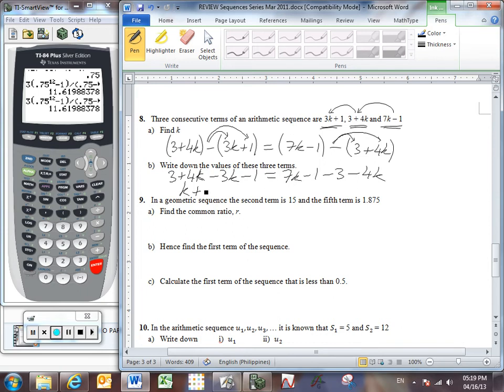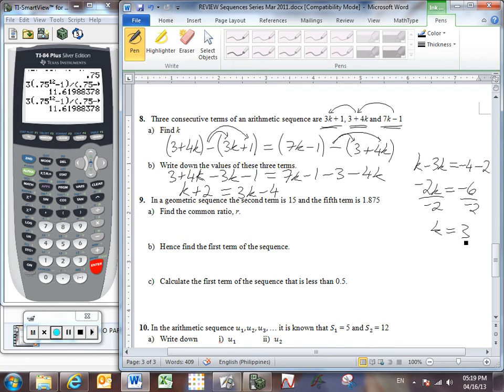That gives me k plus 2 on the left, and 3k minus 4 on the right-hand side. Let's bring the k's together. If this 3k moves to this side, it becomes a negative 3k. Meanwhile, if this plus 2 moves to the right-hand side, it becomes a minus 2. So I've got negative 2k equals negative 6. Let's divide each side by negative 2, and we find that k is equal to 3.